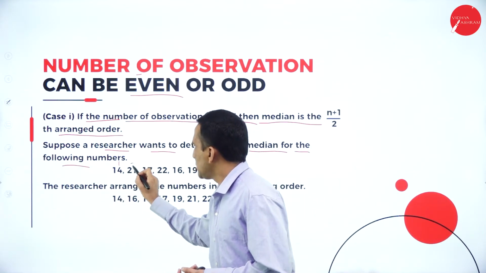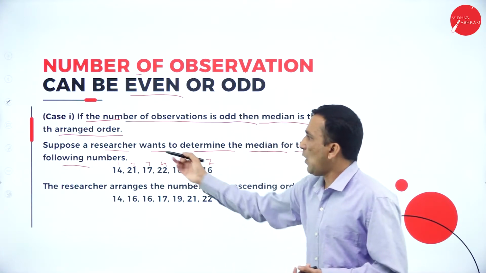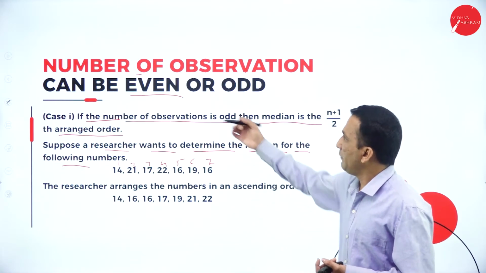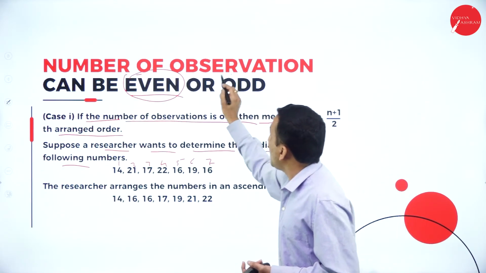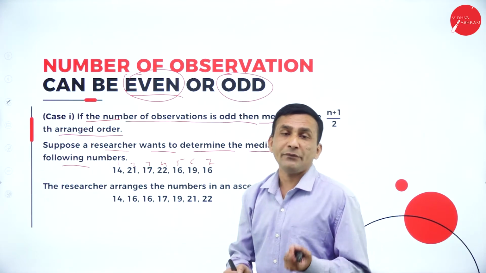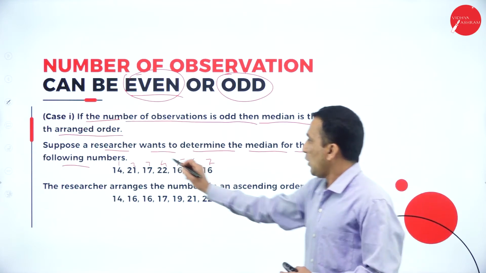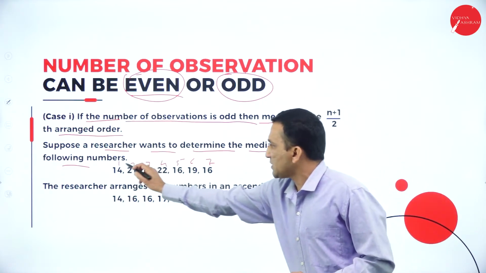In the odd case we can do it directly. We need to identify which is even and which is odd. In this problem, there are 7 numbers given, an odd number.